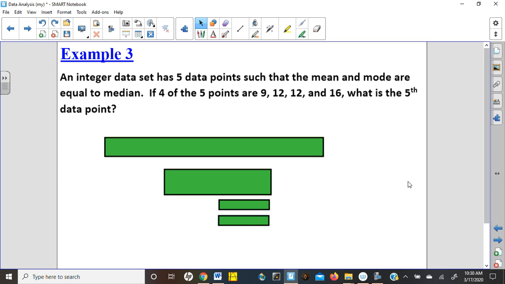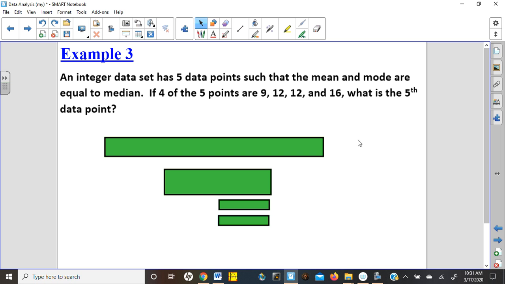Example 3. An integer data set has 5 data points such that the mean and mode are equal to the median. So that means that this would be a normally distributed set of data. If 4 of the 5 points are 9, 12, 12, and 16, what is the 5th data point? Now remember, they'll have to be equal in the end.